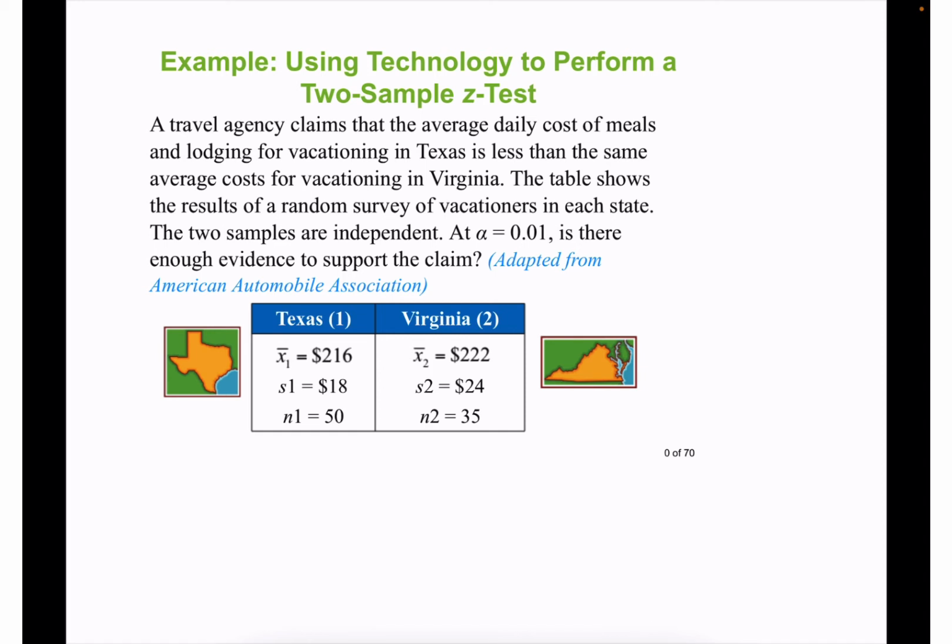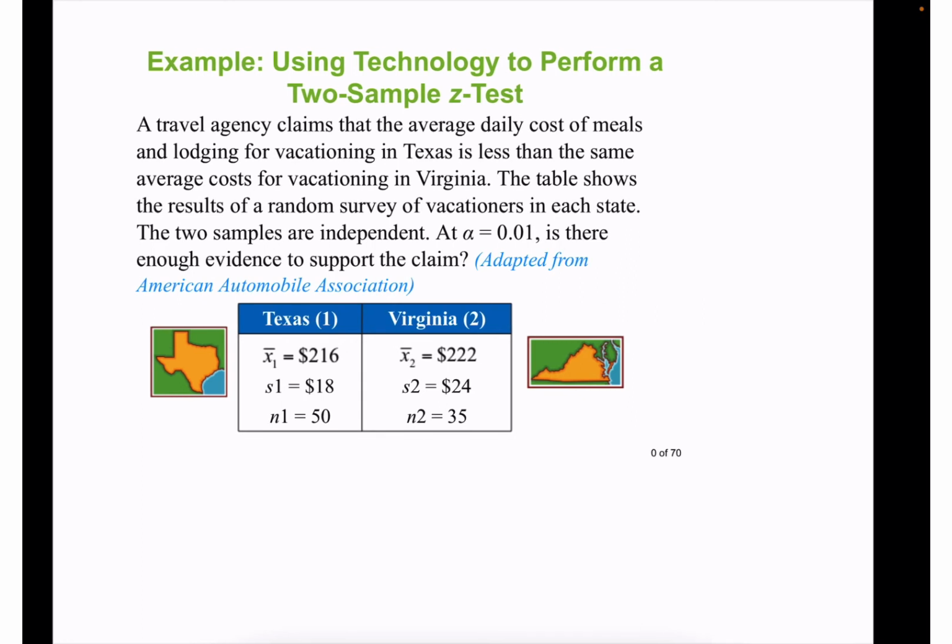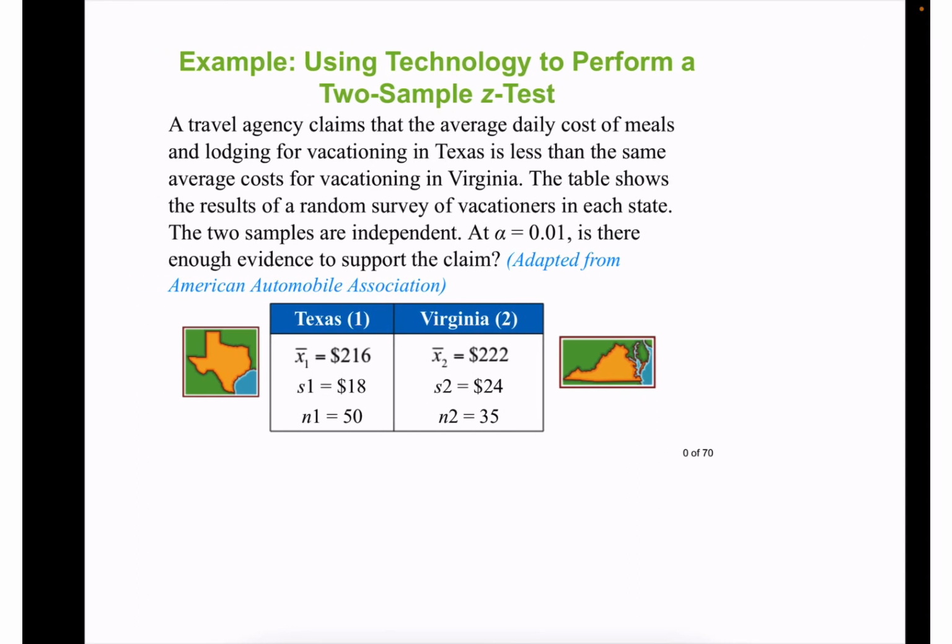All right. Now, next one, we're going to deal with a different sample size. It's the same thing, just a different sample size, and alpha is going to be 0.01. All right, let's get going. If there is enough evidence to support the claim. What claim does it say?